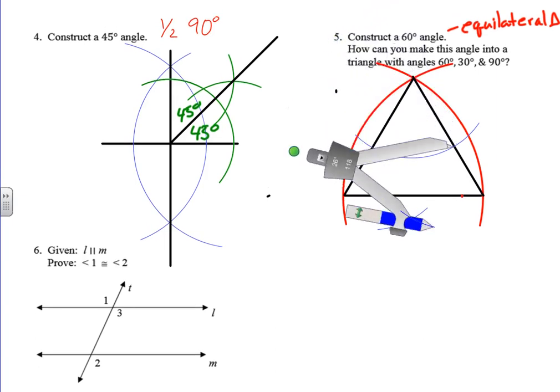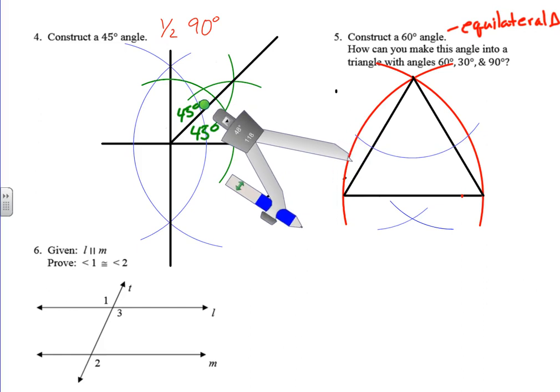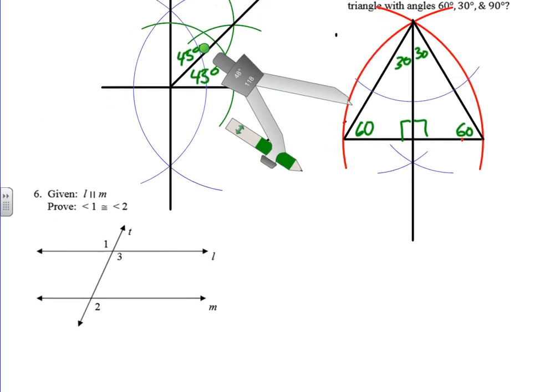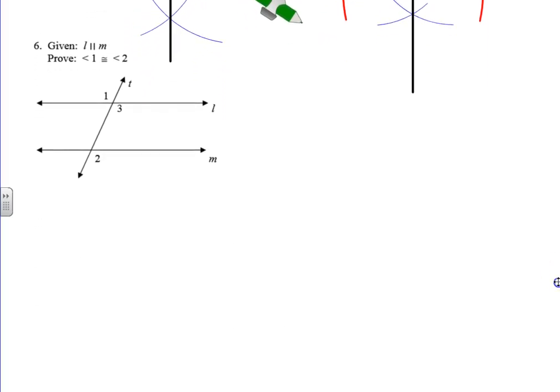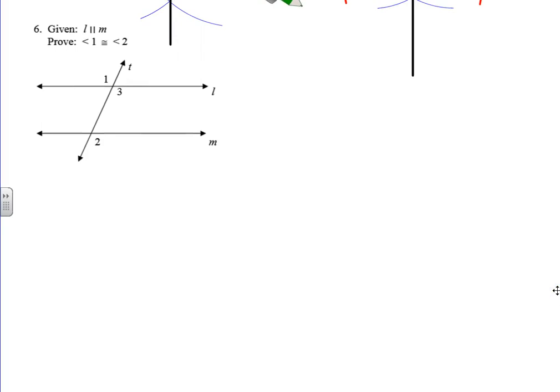Come down here, okay. So what did I do? I bisected a 60-degree angle, so we had a 60. I cut the 60 in half, which gave me a 30, which means what's left is a 90. And it will be the same on both sides, okay? So, some fun different constructions that require us to think a little creatively. You can anticipate one of those on your midterm.